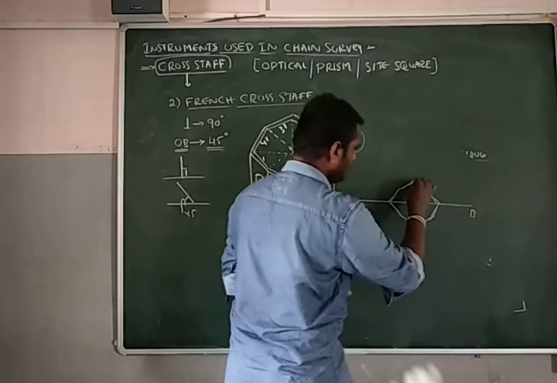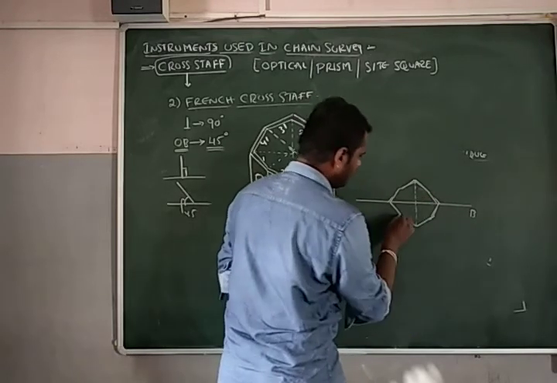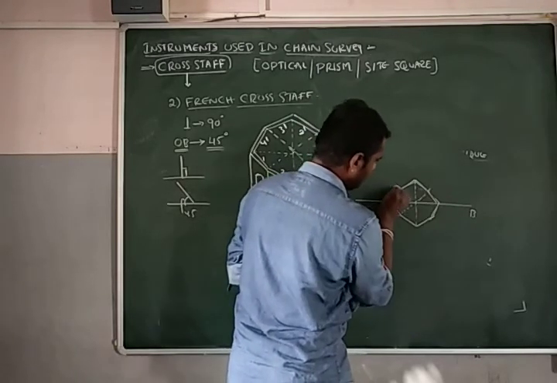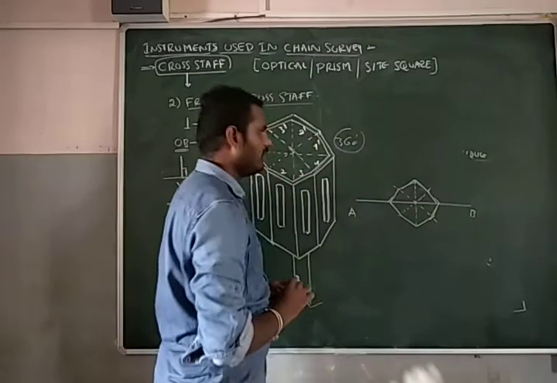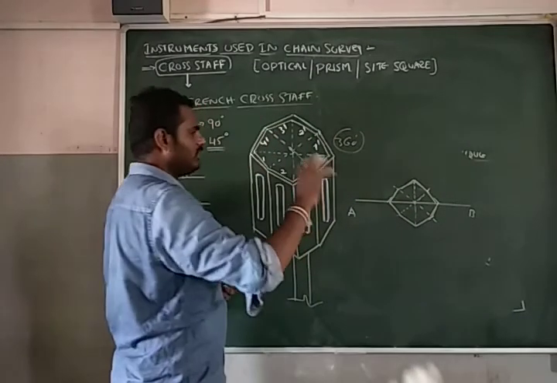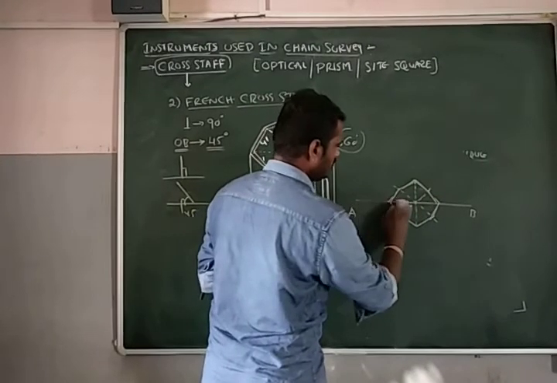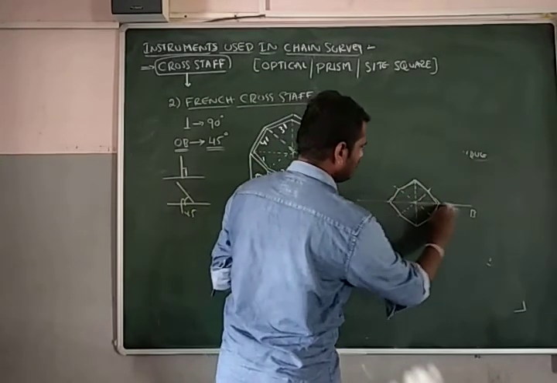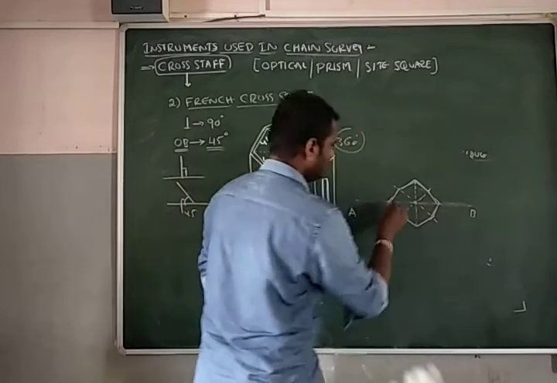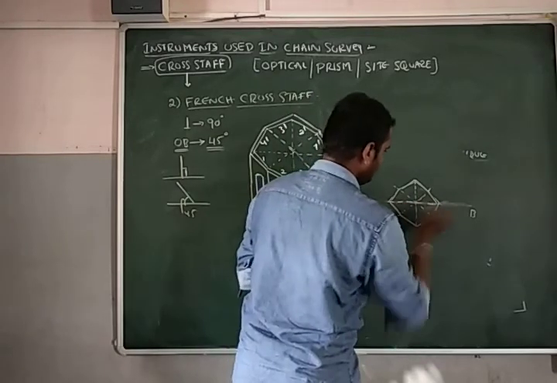Now these two are perpendicular to each other. When you see from one side to another side, you are not supposed to look at it like this. You must be located in another way. So let us say this is one.